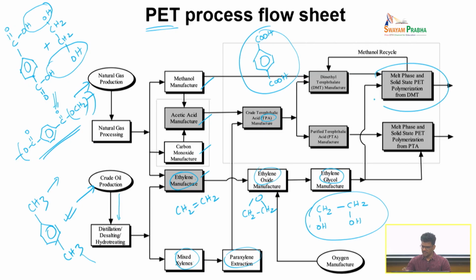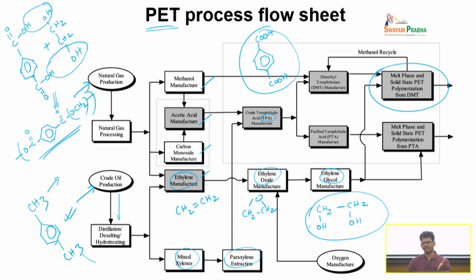Coming back to this flow sheet, we make ethylene, ethylene oxide, ethylene glycol, and then xylene to TPA, and here we combine the terephthalic acid and the ethylene glycol and make polyethylene terephthalate. When you try to do LCA, this is the first information that we need: what are the things that go into the final product. The natural capital we are using here is natural gas and petroleum, taken from the earth.